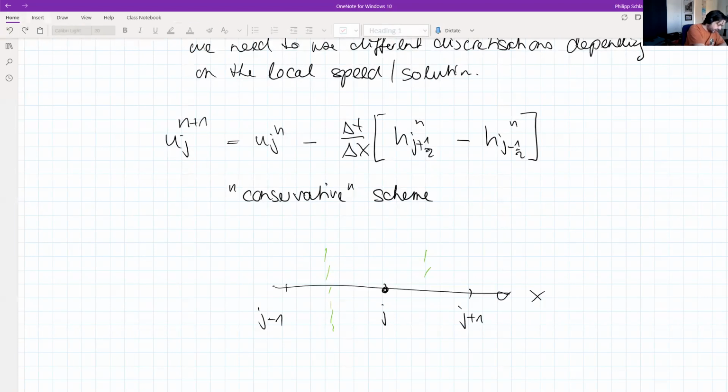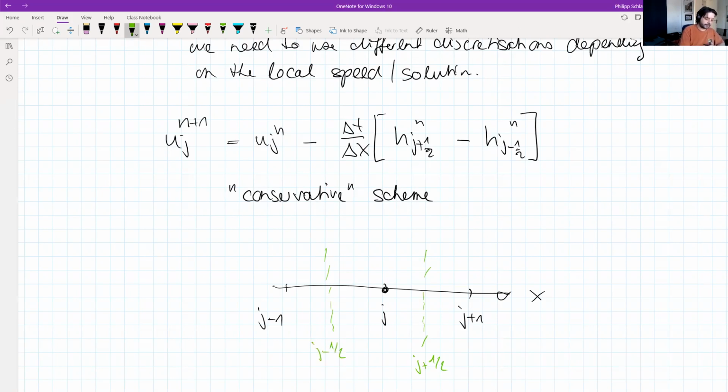So I would consider two boundaries, one located between j and j plus 1, which I can call j plus 1/2, and one located between j and j minus 1, which I can call j minus 1/2.